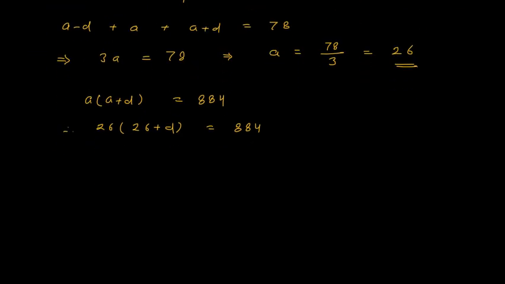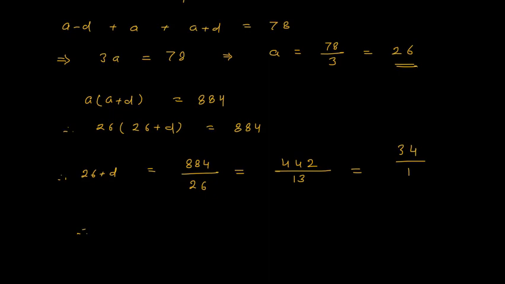So therefore 26 plus d you will calculate as 884 divided by 26. First with 2 I will divide: 2 4s are 8, 2 4s are 8, 2 2s are, and here it is 13. Then with 13 I will divide: 13 3s are 39, and 52, and 13 4s are 52.